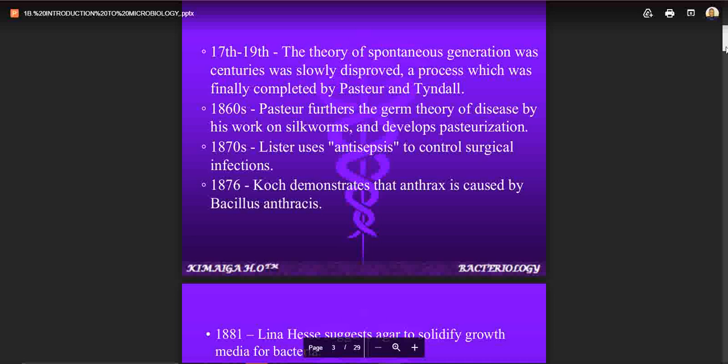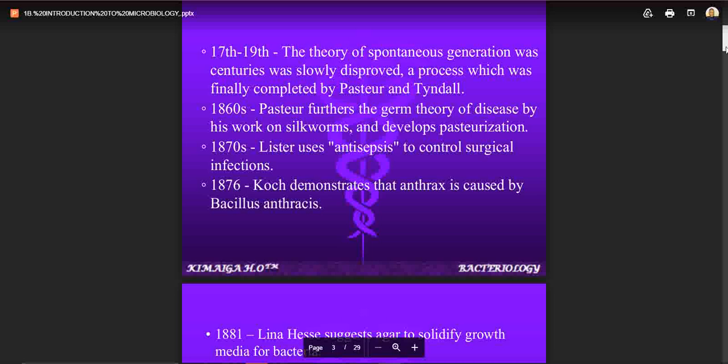But then Lister realized there was sepsis, infection from the unsterilized instruments they were using. So they came up with the idea of antisepsis, making the environment sterile so that infection cannot inhabit the wound and the sutures formed after incisions.